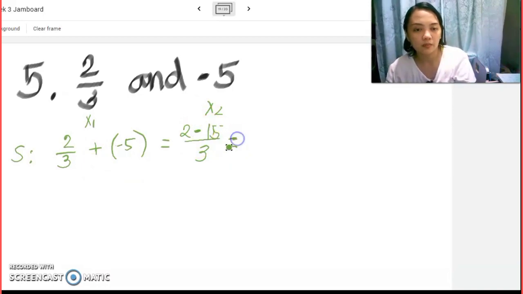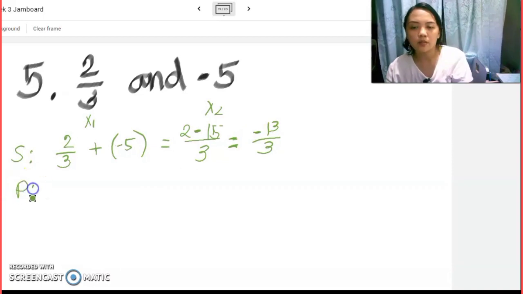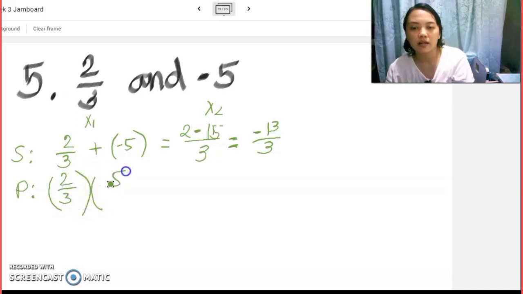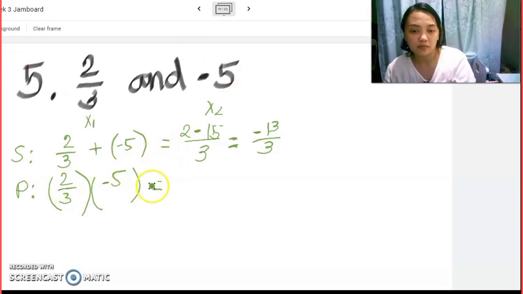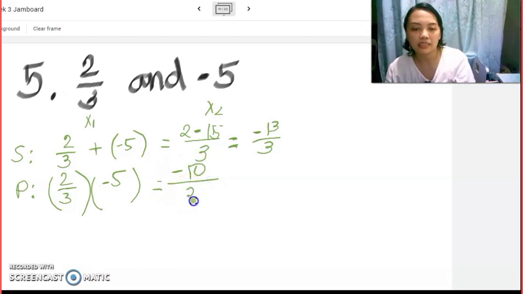So 2 minus 15 is negative 13 over 3. Next, how about the product? The product is 2/3 times negative 5, which is negative 10 all over 3.